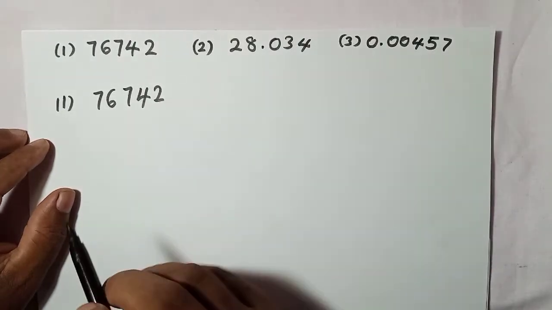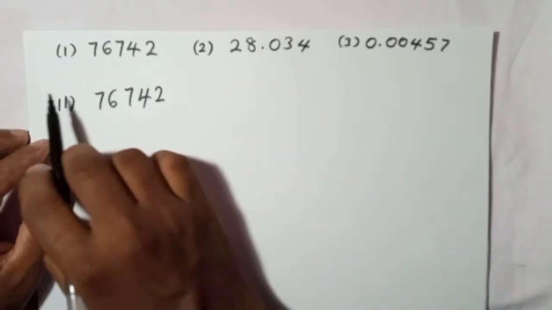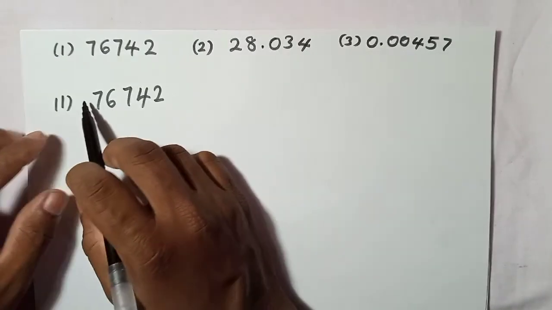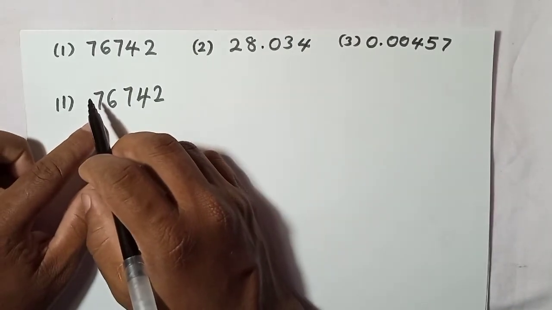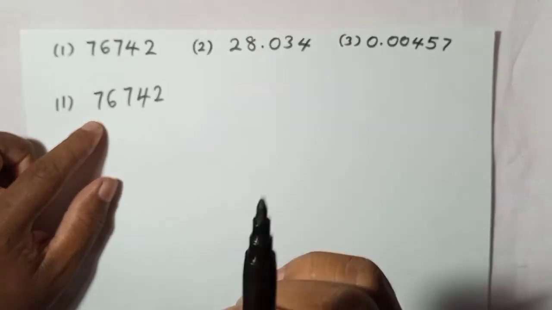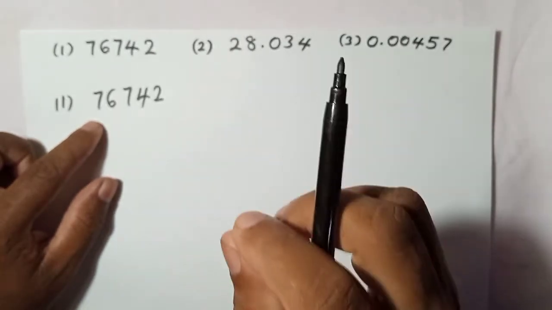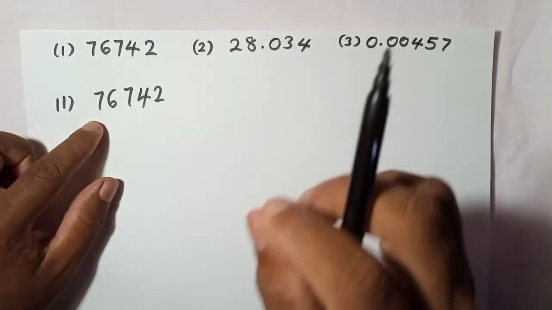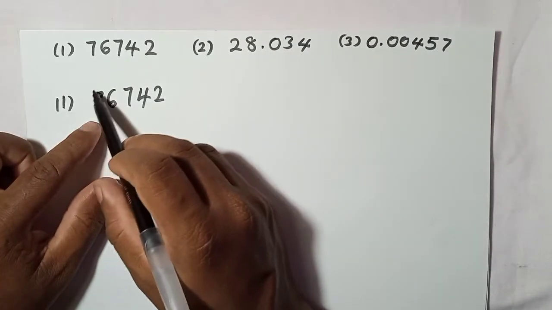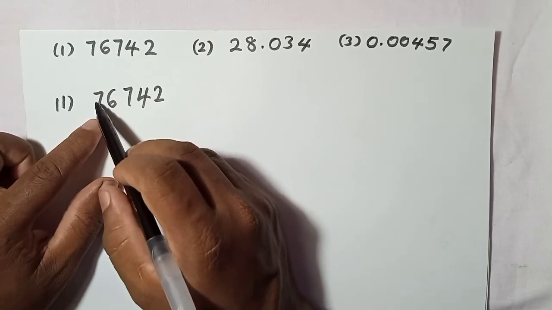76,742. Now what you need to check is this number from here. When we read, normally we read like this, so from here, where do you meet a digit except 0? A digit here means 1 to 9, any number, 1 2 3 4 5, like that, till 9, but except 0. So when you consider this number, the first one is that kind of digit, so we can consider this as a significant figure.